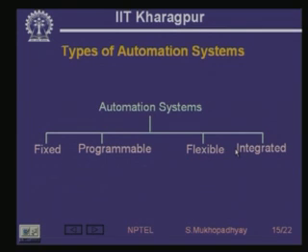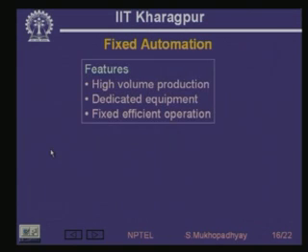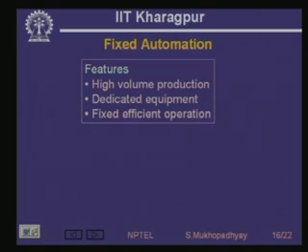So, let us see what each is. Let us take fixed automation first. In fixed automation, what are the features? The features are that it is generally used for very high volume of production. So, you need to really tune your automation to that particular production. Equipment is very dedicated, products are not likely to change.